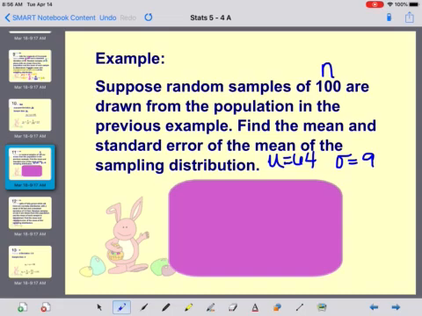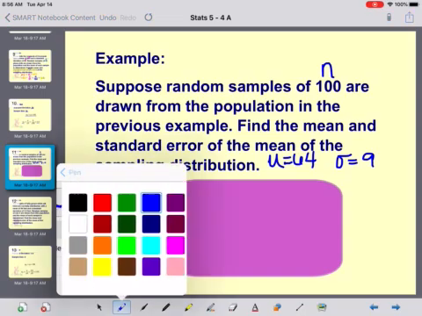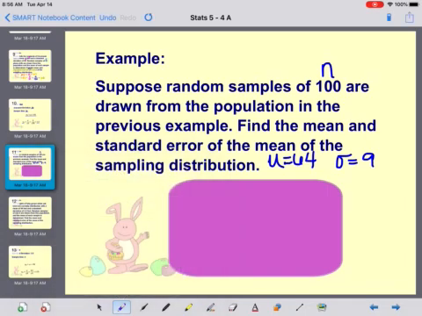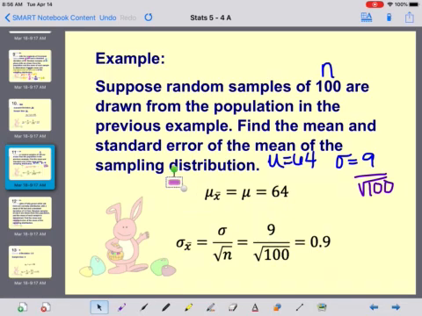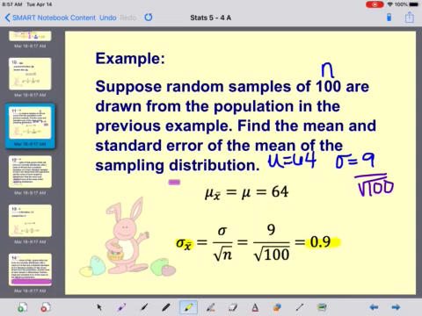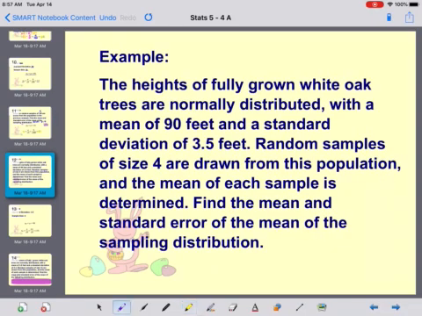So instead of taking 9 and dividing it by the square root of 36, I'm now going to take 9 and divide it by the square root of 100 because my n changed. So the mean didn't change, so my mu didn't change. My n did change, so then my baby sigma x bar went from 1.5 down to 0.9 because my sample size was bigger. So I was dividing by a larger number.